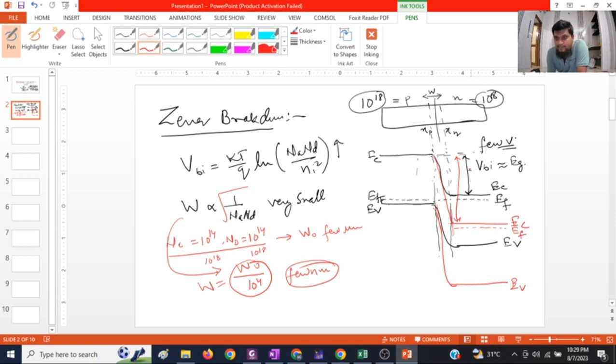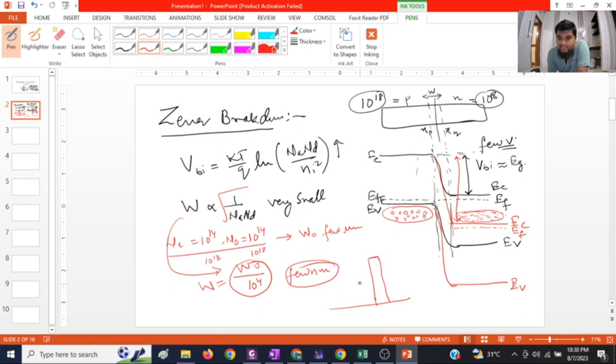When you apply reverse bias, there are plenty of electrons over here in the highly doped N-type material, and this is a highly doped P region, so plenty of holes are over here, vacant seats. Now we know that if there are vacant seats over a barrier, we must have solved the tunneling probability across a finite barrier.